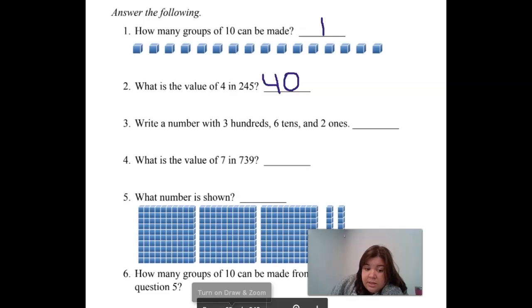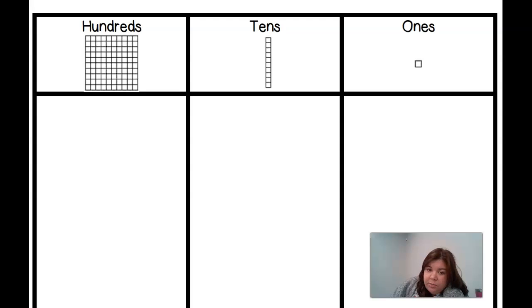You want 300, remember 100, 6 tens, and 2 ones.